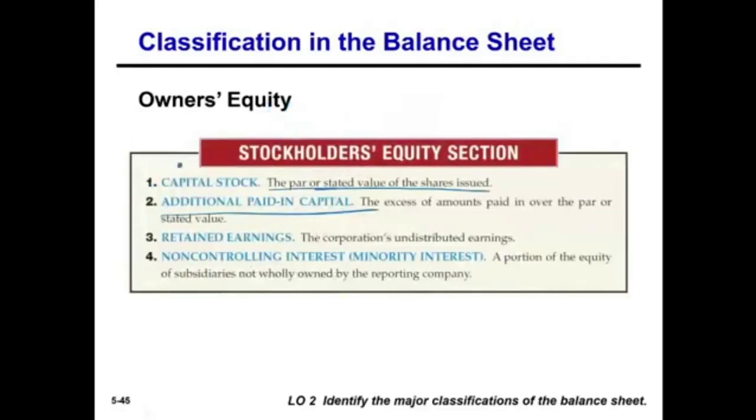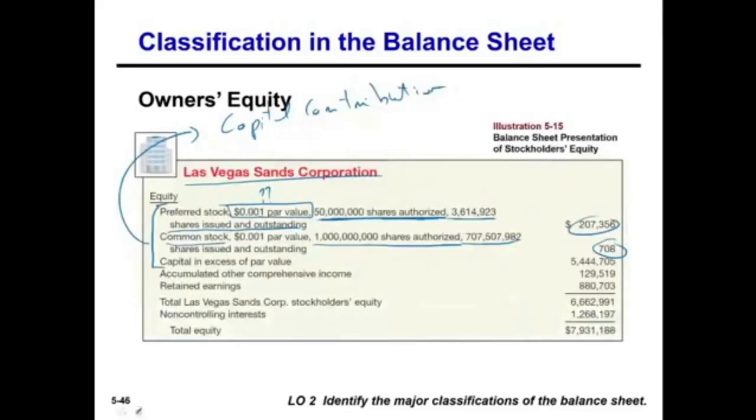This is capital stock. We looked at the par value, then additional paid-in capital. Those represent capital contribution. Then the company will have another major category, which is called retained earnings.